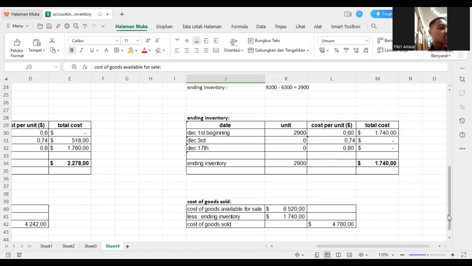The total is 0. In the ending inventory, we have 2,900 units, and the total is 1,740. And the cost of goods sold: cost of goods available for sale is 6,520, less ending inventory 1,740. And cost of goods sold, we have $4,780. Okay, that's all for me.